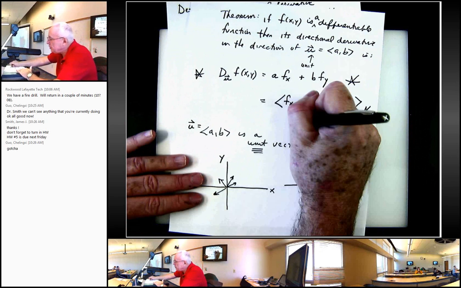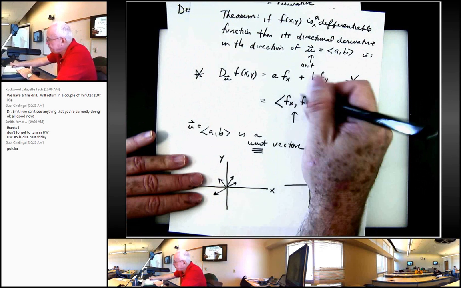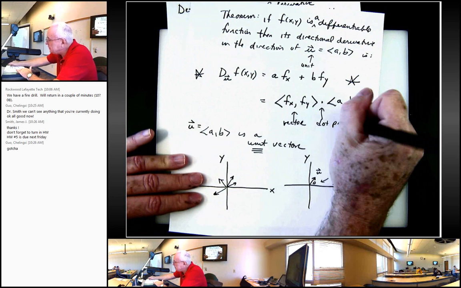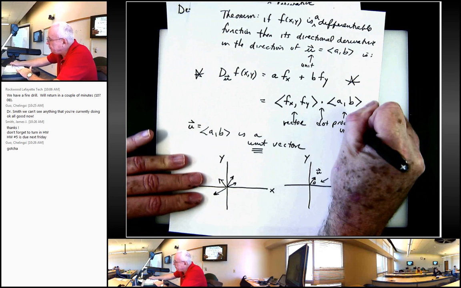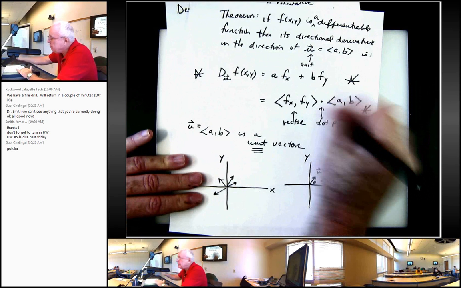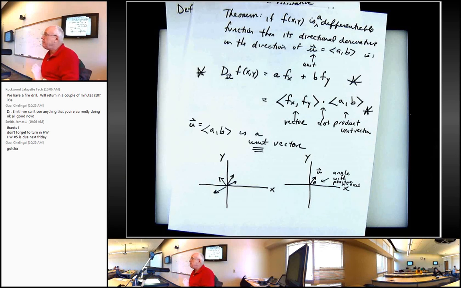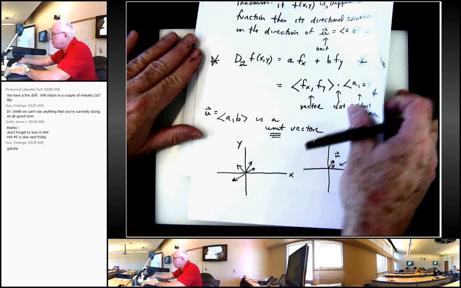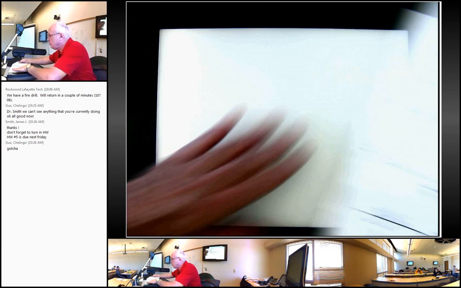This here is a vector, and of course this is our unit vector, which is a vector also. That vector composed of fx, comma, fy is defined as the gradient vector. Okay? So let me write that down: gradient vector.